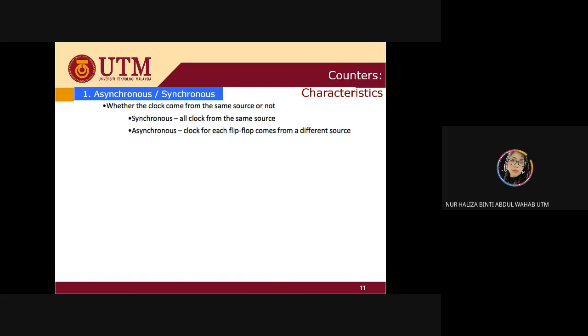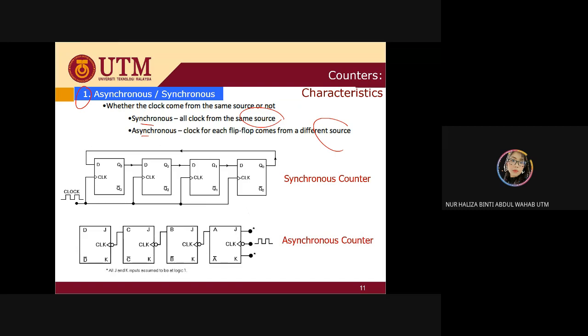Okay, now you can see here. First point is about unsynchronized and synchronized, about the clock. So this is the example, and I already informed you that starting at the first clock there, it's going to be your LSB. For this picture below here, your LSB to the MSB.